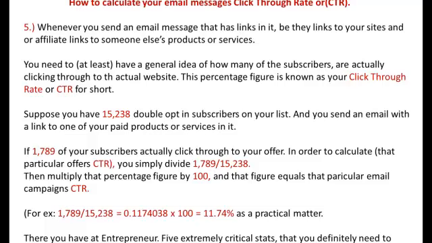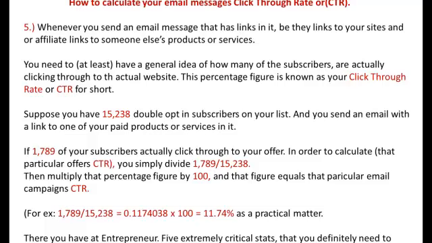This is completely different. All your click-through rate means is they clicked through and went to the sales page or the offer, whatever it is that link is connected to. And here's the other point. They might actually click through to your link and not do anything. But the point is, this tells you how many people on average, based on the number of exposures, actually did take the action you wanted, which was to click through and go to your link.